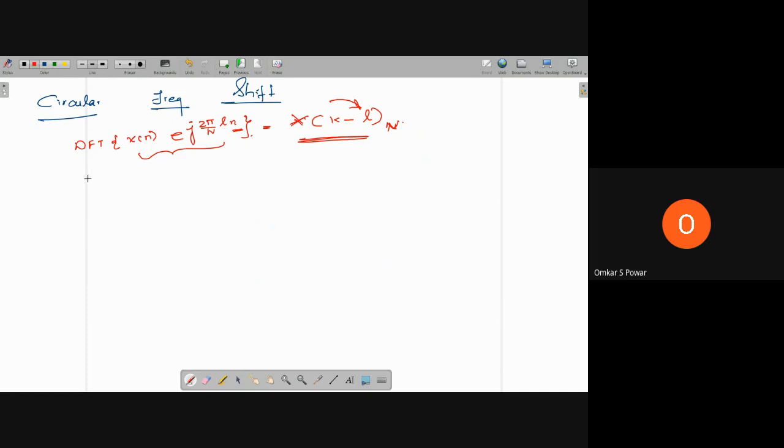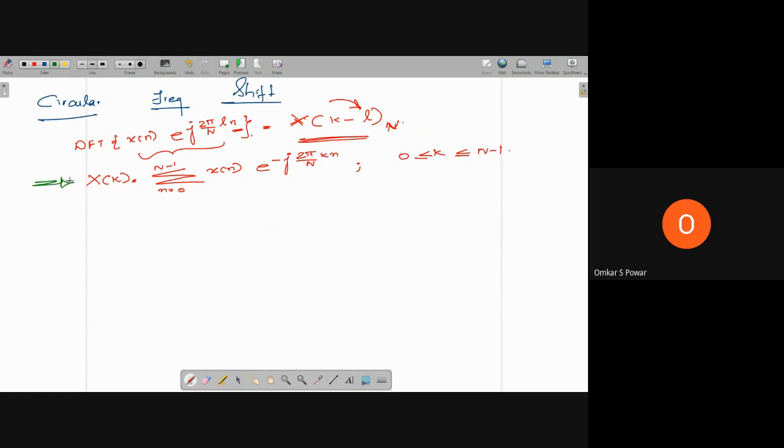How can we prove? According to the statement, x of k is equal to summation n varies from 0 to n minus 1 x of n e power minus j 2 pi by n into kn, where k varies from 0 to n minus 1. So this is your formula for x of k.